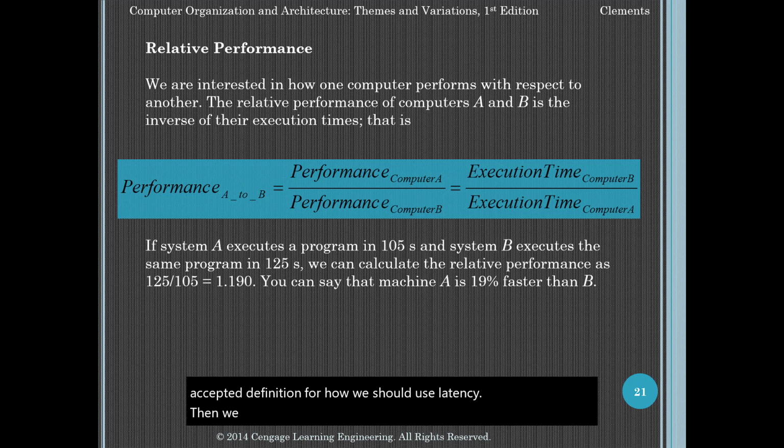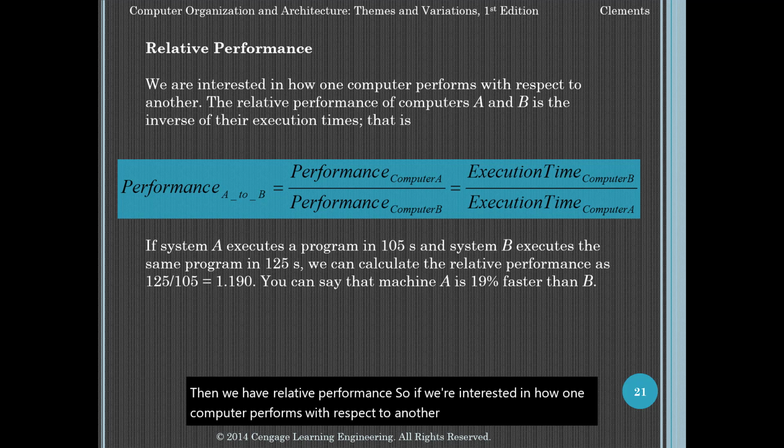Then we have relative performance. If we're interested in how one computer performs with respect to another, then relative performance is the inverse of the execution times. So let's look at an example.